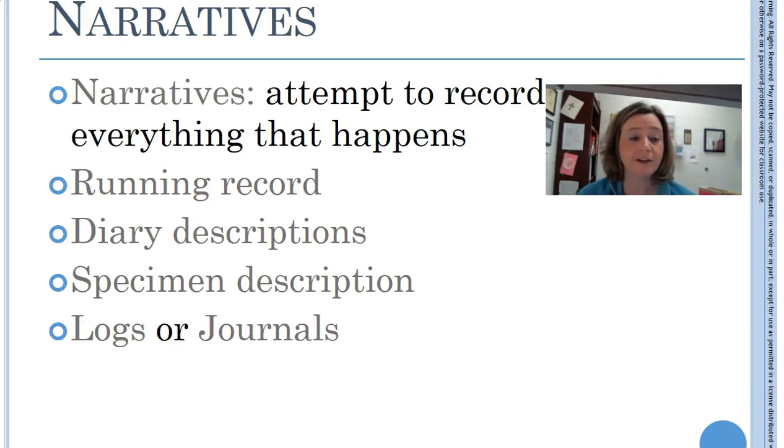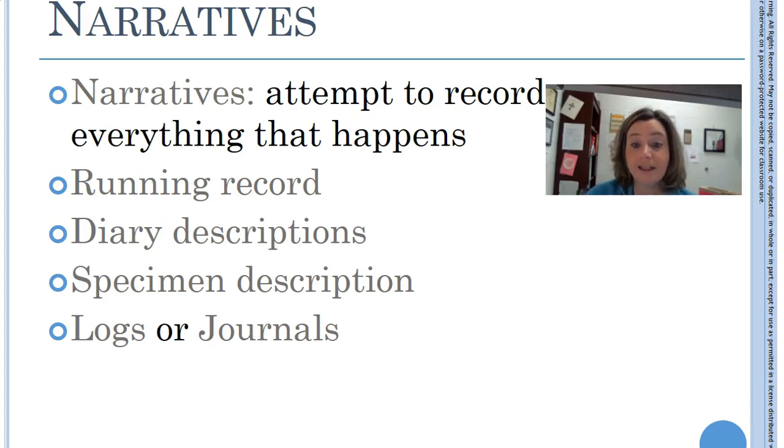So when we look at narratives, narrative basically just means an account of everything that has happened. So you have different things like a running record, diary descriptions, specimen descriptions, and logs or journals. But basically a narrative is going to be just kind of writing down whatever it is that you saw.